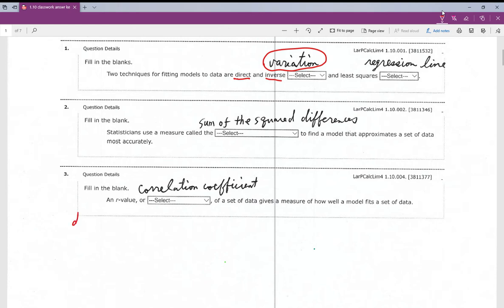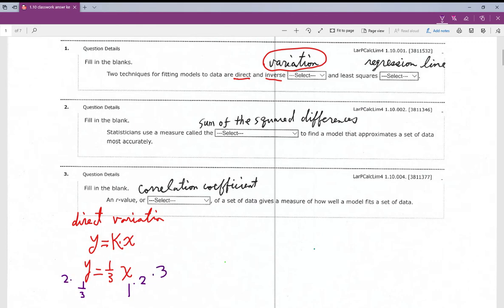Now, direct variation. Direct variation is x and y equal to each other by multiplying a constant number. For example, y equals 1/3 times x. So by this way, for example, when x is 1, y will be 1/3, right? When x times 2, y times 2.